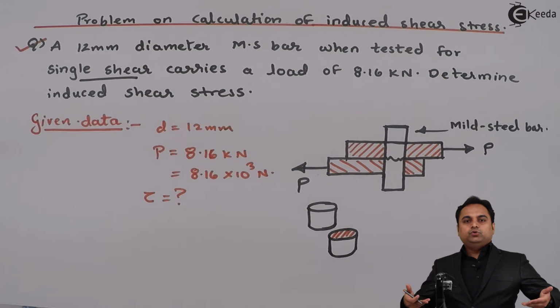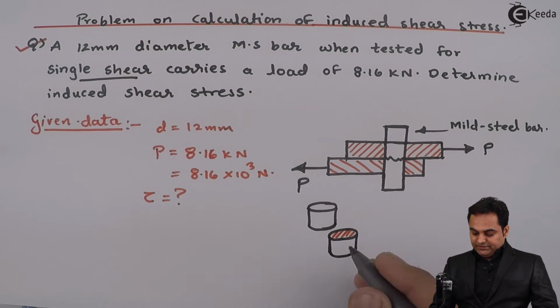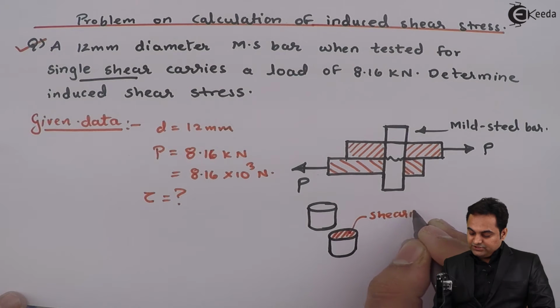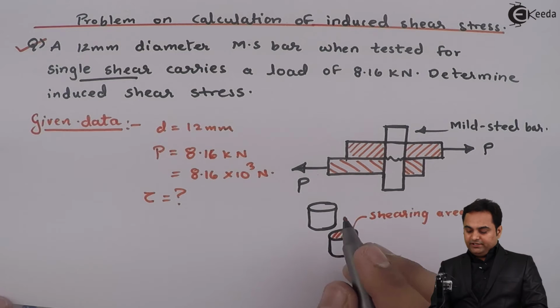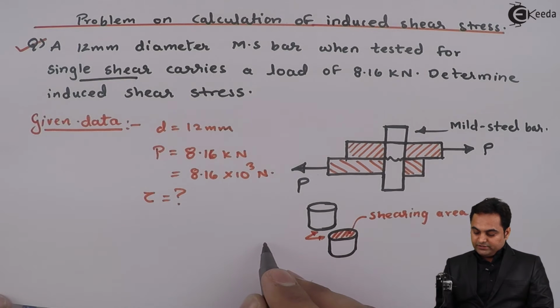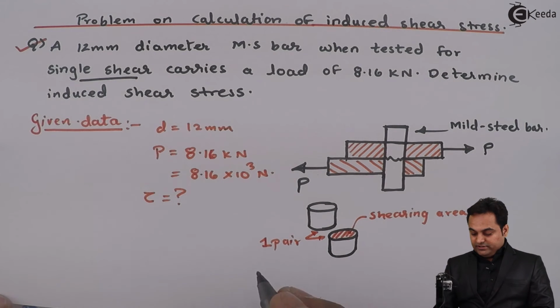It will break into two halves, and this area which we are getting, this is called the shearing area. Since here we have one pair of area, this case is called single shear.